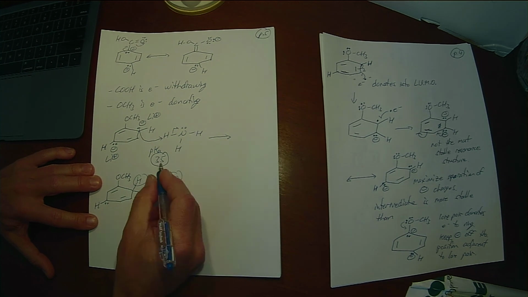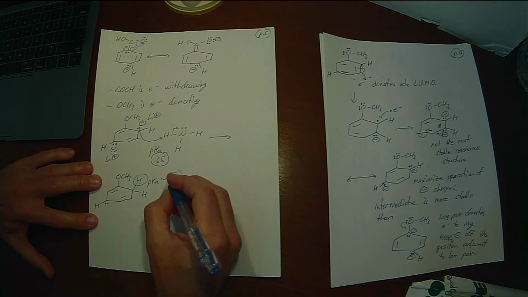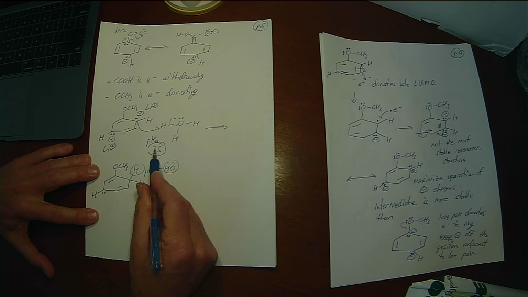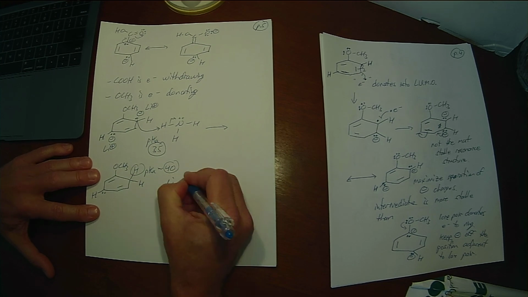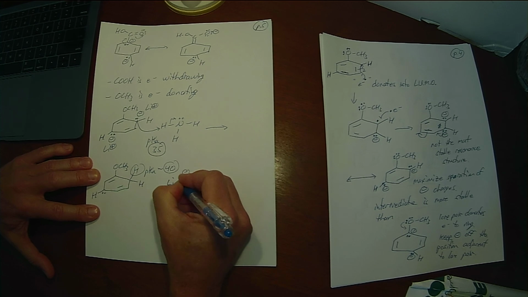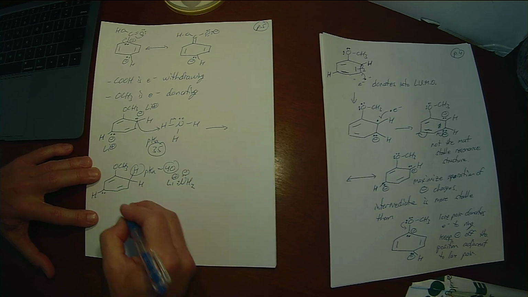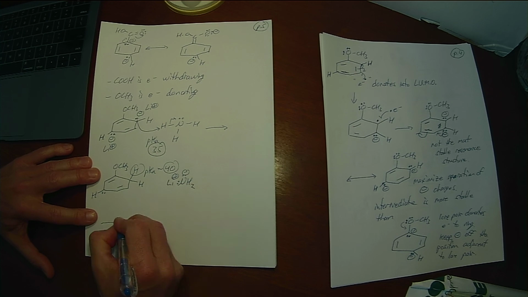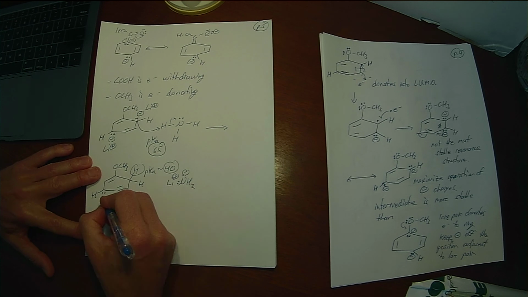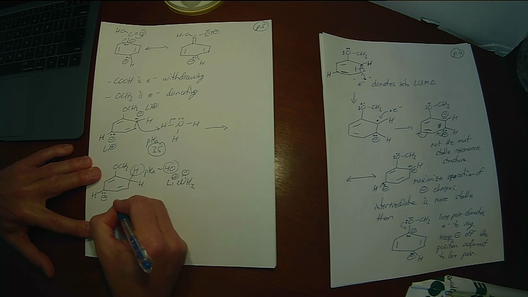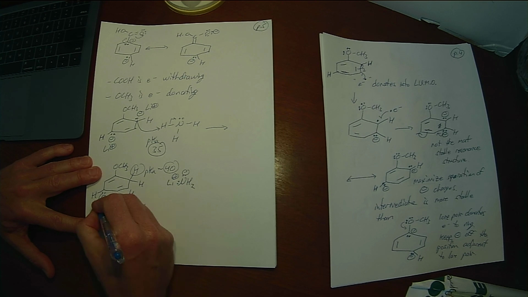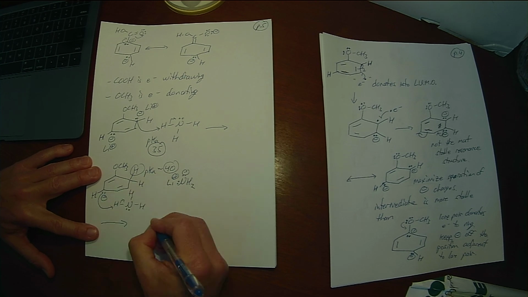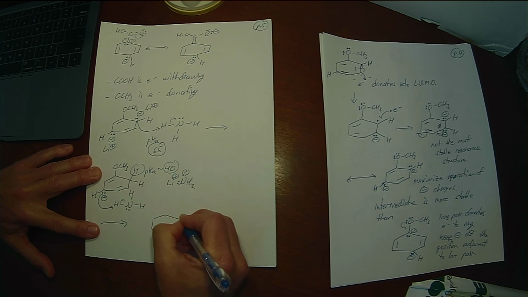But it's still a weaker acid than ammonia, which means that we can generate the lithium amide just like we did before. Right. So you don't need an acid workup here except to get rid of the lithium amide. You can deprotonate ammonia twice with these lone pairs to generate the actual product.